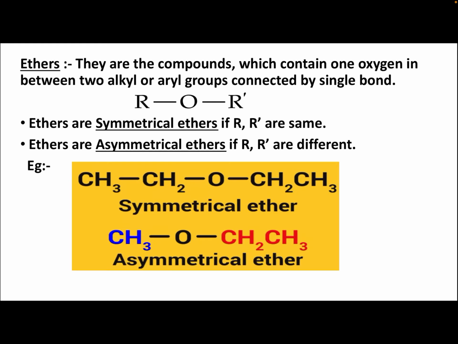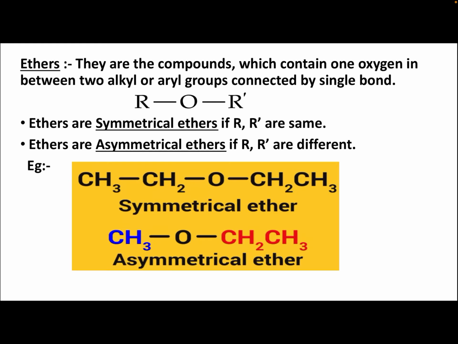Example, CH3CH2OCH2CH3 is a symmetrical ether because on either side of O, R and R dash are the same, that is, on both sides you have ethyl groups. So it is an example of symmetrical ether, that is diethyl ether. Next example, CH3OCH2CH3.